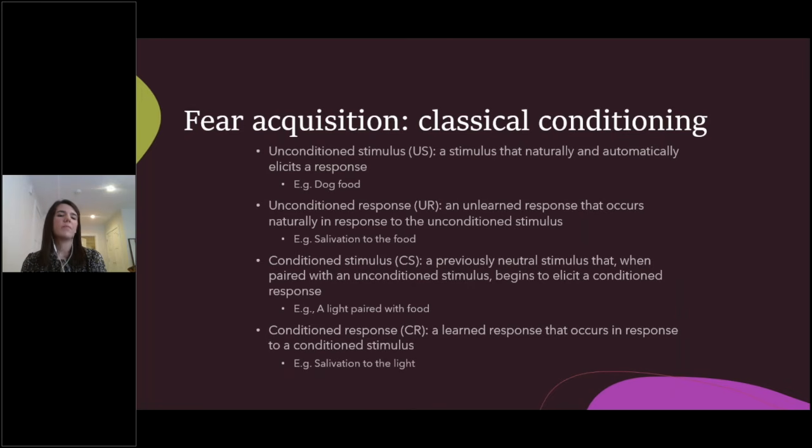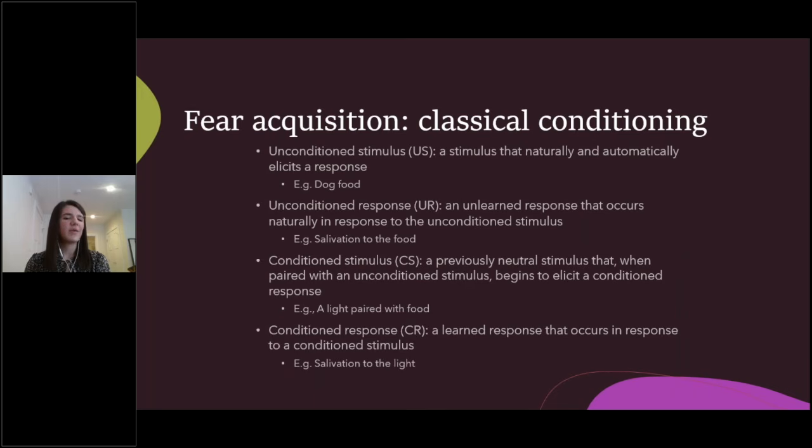A conditioned stimulus is a previously neutral stimulus that, when paired with an unconditioned stimulus, begins to elicit a conditioned response. And I just saw a comment pop up that it was actually a bell. I apologize. I put that it was a light, but for the purpose of classical conditioning, I think it's okay here.